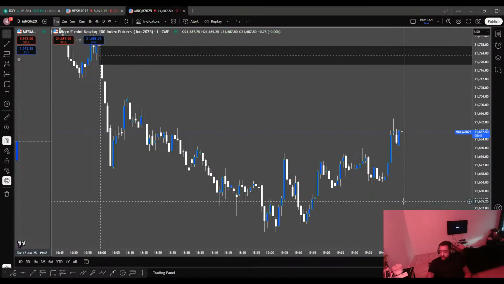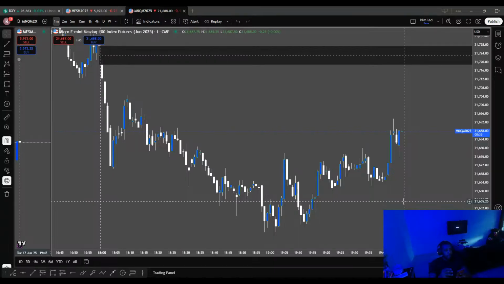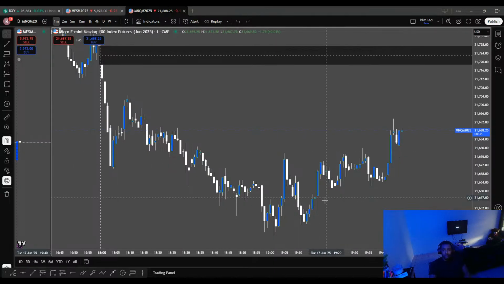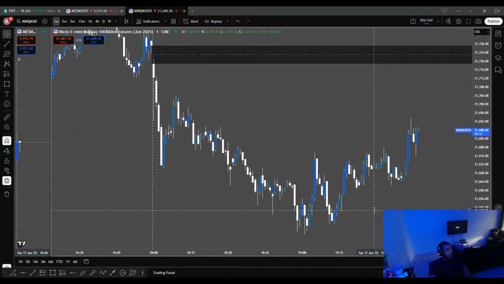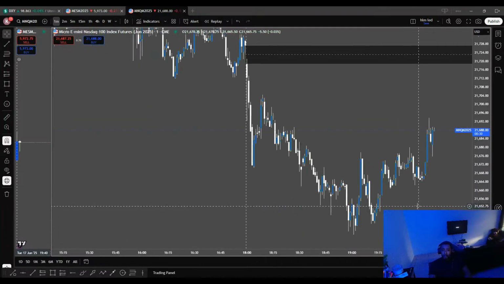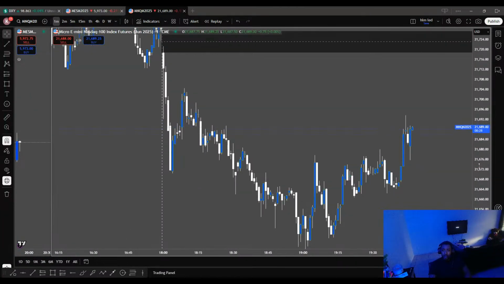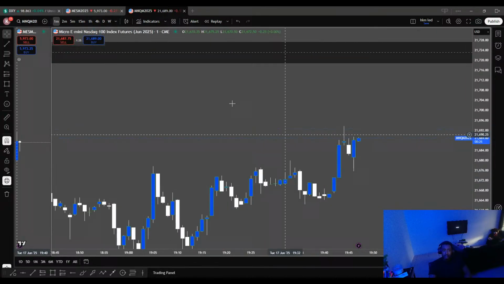So we did finally cash out off my top step. I could finally cash out from my top step. So I'm gonna request a payout maybe tomorrow, and then on my other account, we have one more day to be able to actually pass that account also.